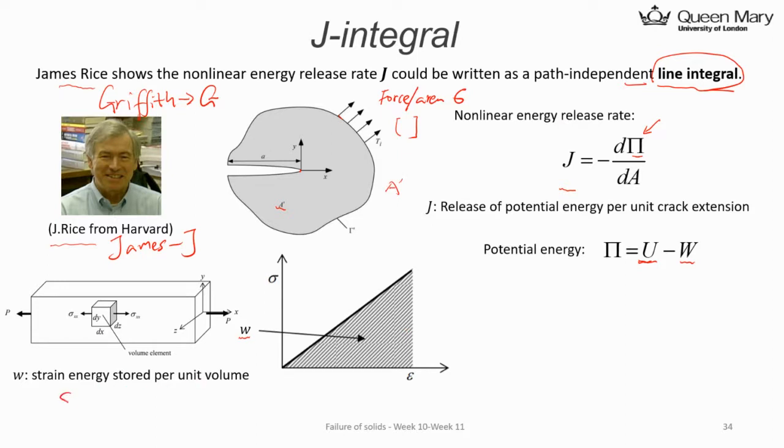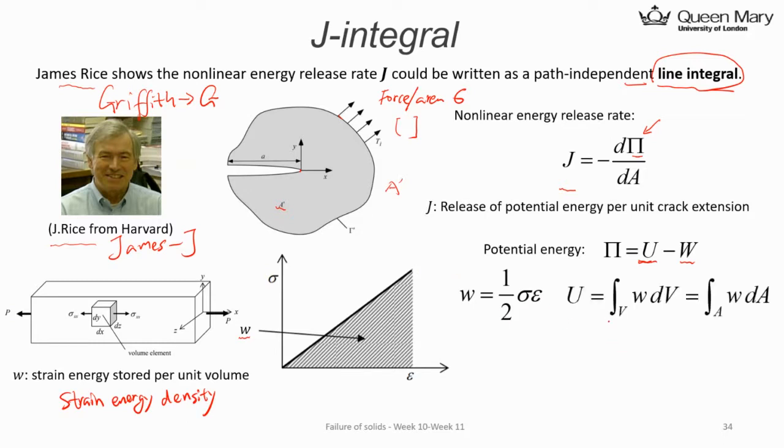We can also call it strain energy density. Okay, and this area is equal to half of the rectangle area. So just the triangle area, half times sigma times epsilon.